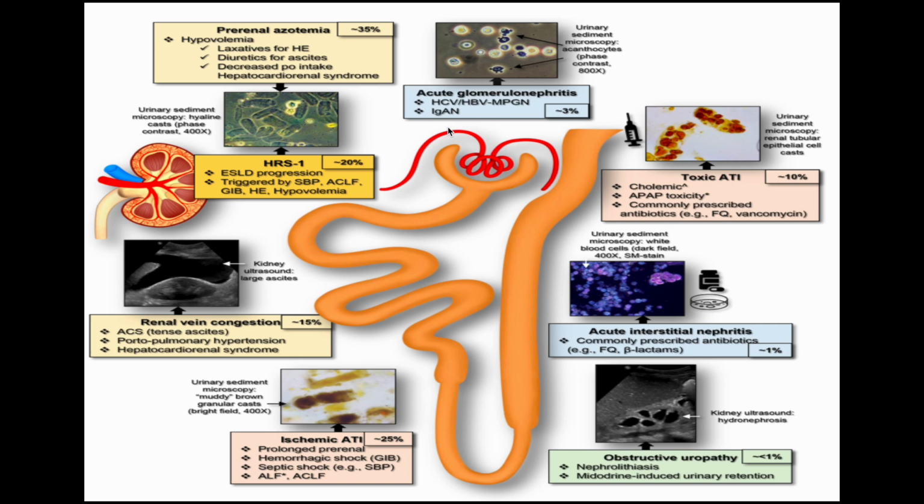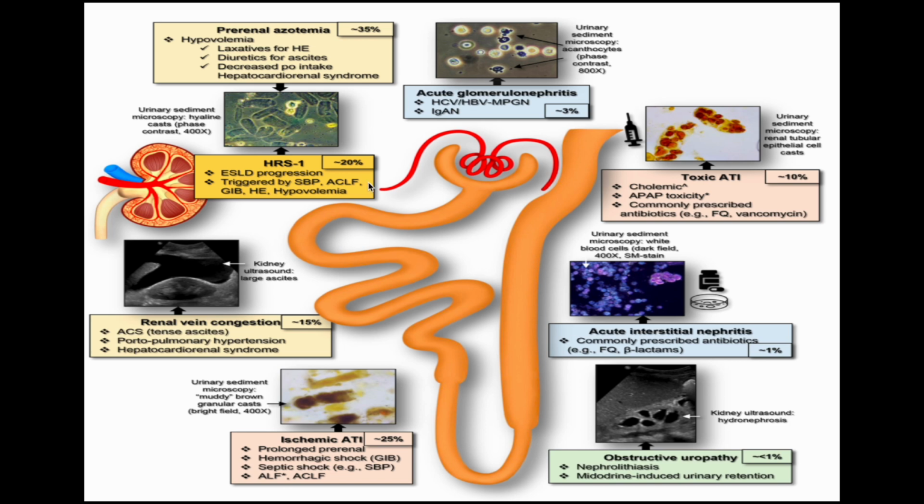Next is acute glomerulonephritis, where you will find cases of HCV, HBV. This is membranoproliferative type of glomerulonephritis, or cirrhosis associated IgA. In urine, again, you will find sediments like acanthocytes. Next is acute interstitial nephritis, which again is because of antibiotics mostly. Finally, you can have obstructive, which is because of nephrolithiasis or midodrine-induced urinary retention, things like those.